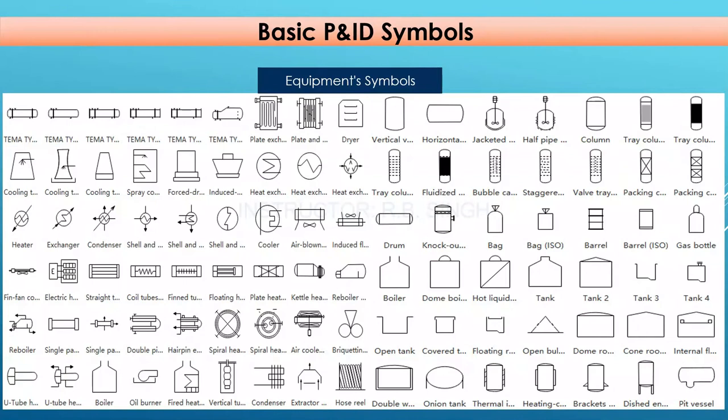These are some equipment symbols. Although these are not as important as instrument related symbols, in detail engineering these symbols are very important. Sometimes you must know the detailing, like the mechanical data sheet of the equipment.